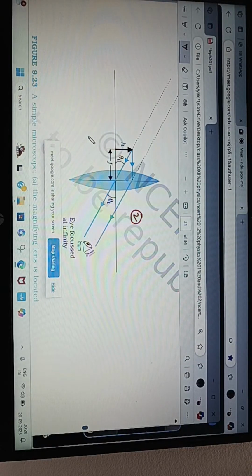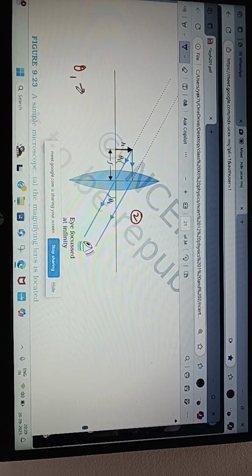Infinity means no image. It will be highly enlarged. You can see. Fine. What is theta I? Angular displacement of the image, yes, sir, because both the angles are the same.